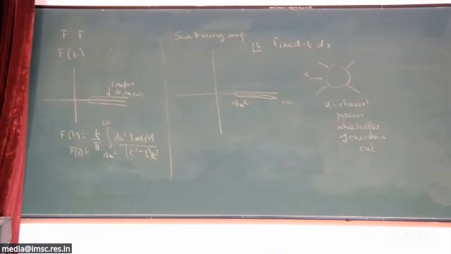Okay, so an amplitude that is describing a physical scattering process in the S channel, you have to do some things to it and analytically continue it elsewhere, where it will be a physical process in the U channel, and there it will lead to actual scattering.